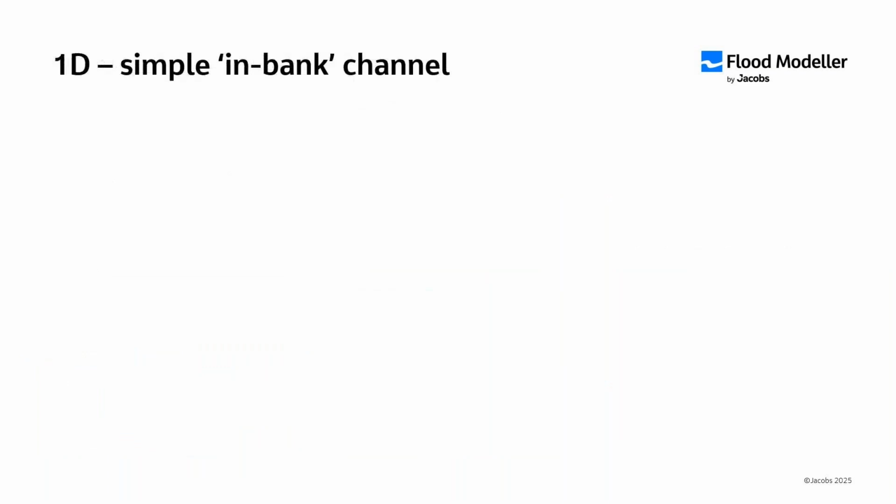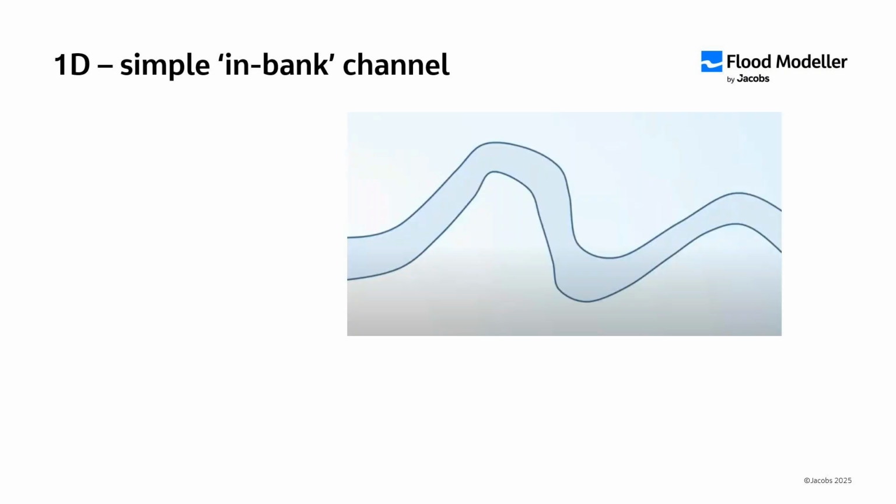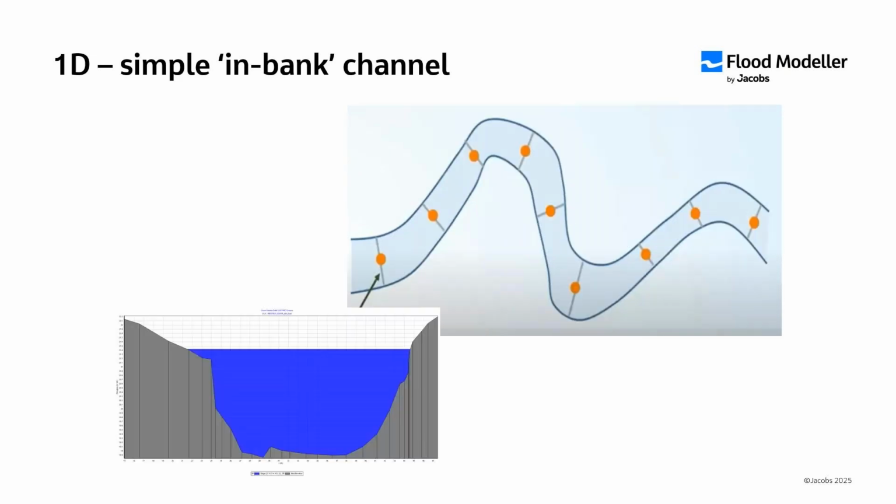So what I'm going to do now in the next section of this webinar is really just take you through 1D flood modeling and the representation of a simple 1D flood model all the way up to the most complicated type of 1D modeling. If we start with a river channel, a meandering river channel, the most simple type of 1D flood model is going to look something like this, where we have our nodes and we have surveyed cross sections at each node.